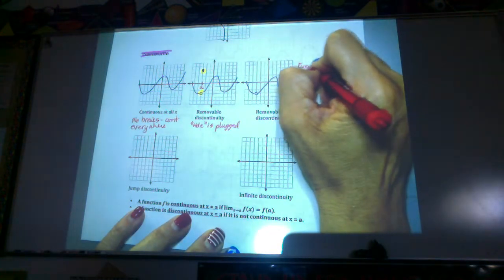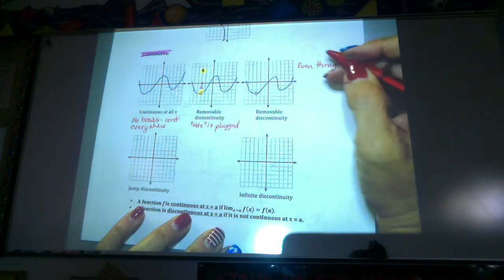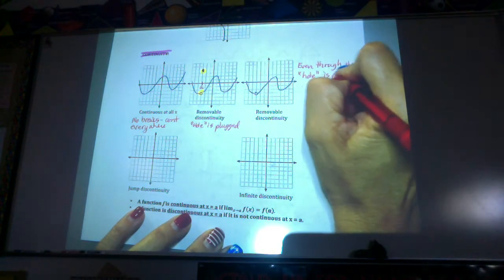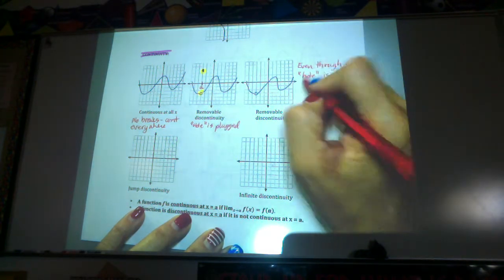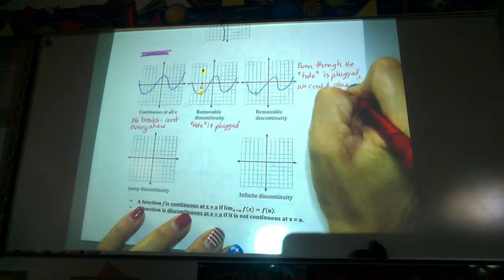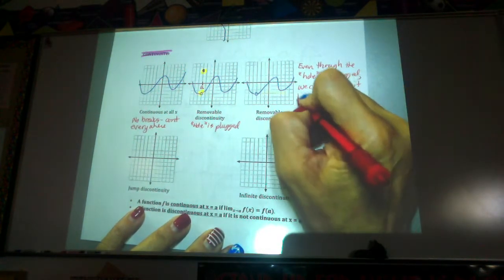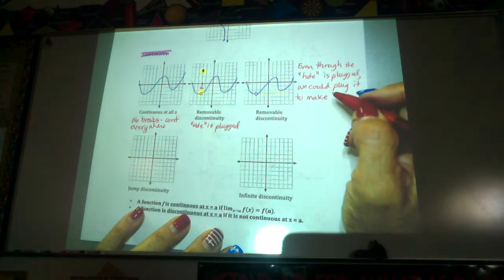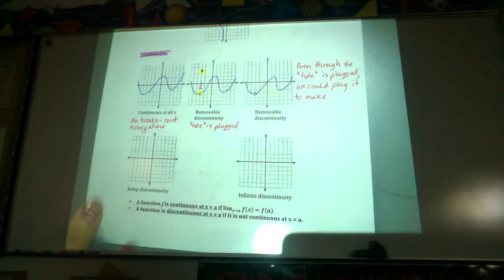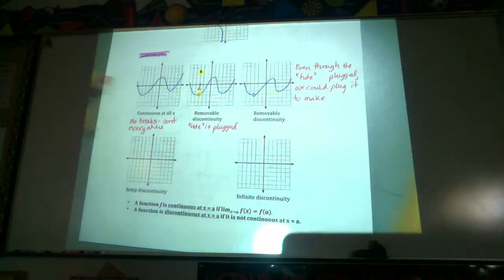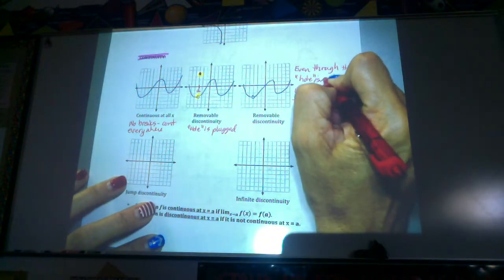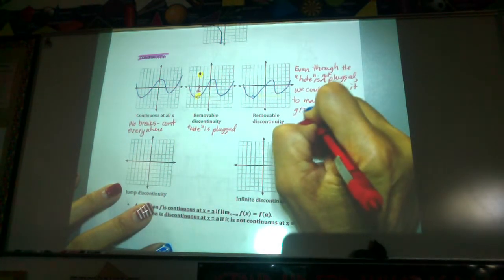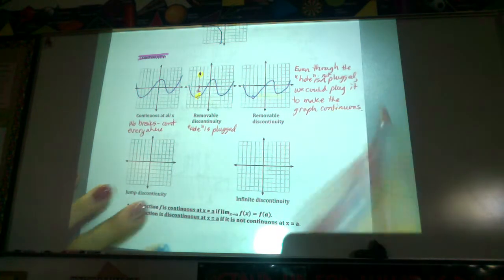Even though the hole is not plugged, we could plug it to make the graph continuous.